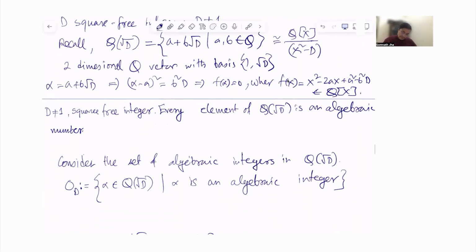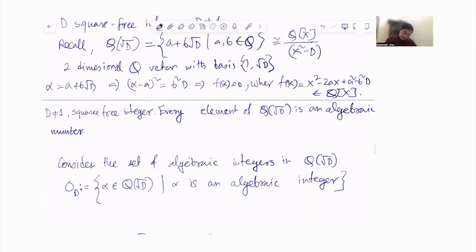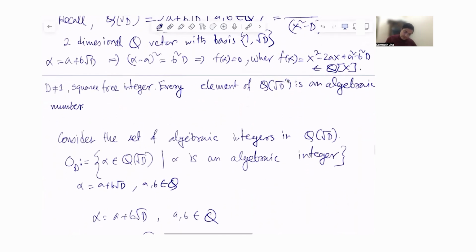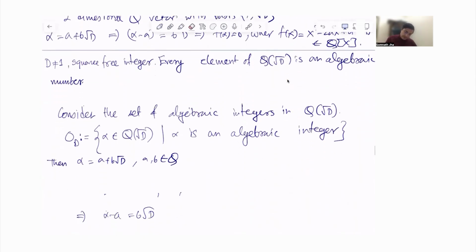So let alpha in Q root d be an algebraic integer. What will happen then? You write alpha equal to a plus b root d, where a, b are in Q, keeping the same premise that d is a square free integer.